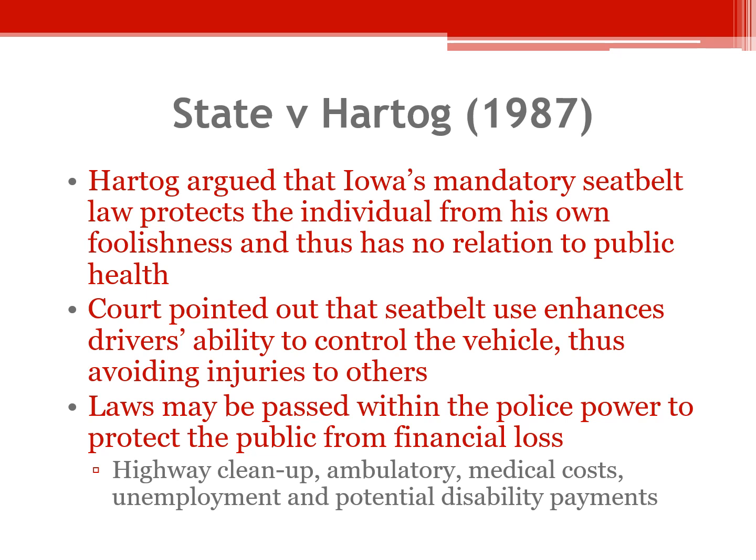I mean, extra highway cleanup and medical costs, and plus if a person survives a collision and they're unable to work, or they have a partial or permanent disability, those unemployment and potential disability costs, the whole of society pays for those. So the argument was made and affirmed in State versus Hartog that yes, you can make laws like this where, even though on their face they appear to only protect the person from their own individual actions, there can be a greater public health argument for it.